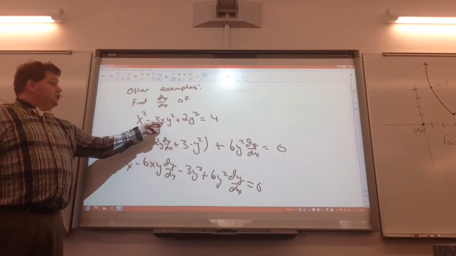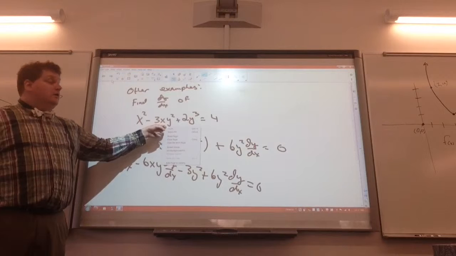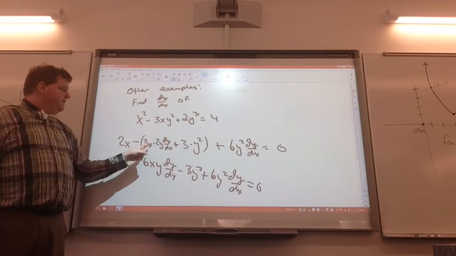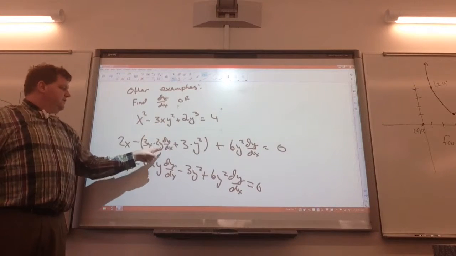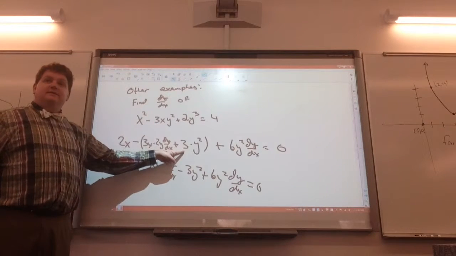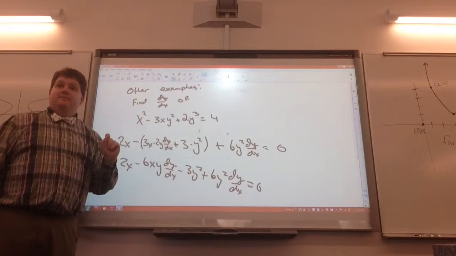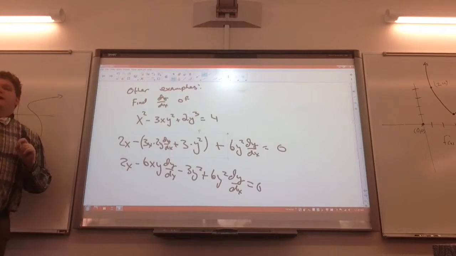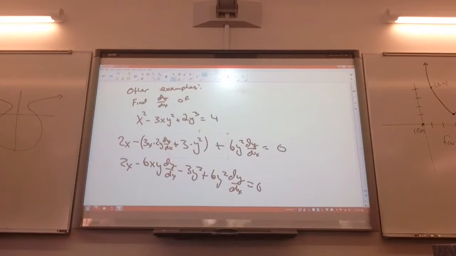Again, we're treating this as a product rule: keep the first one the same times the derivative of the second one, plus the derivative of the first one times the second one kept the same. So the 3y squared comes from the second half of the product rule. 3 is the derivative of 3x, and y squared stays as y squared.